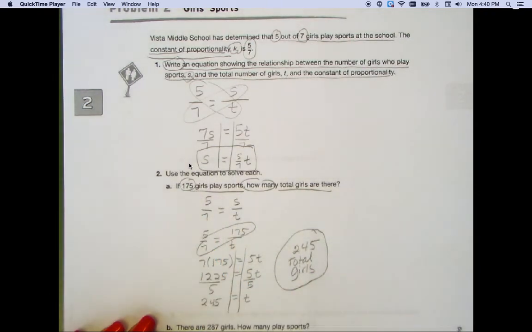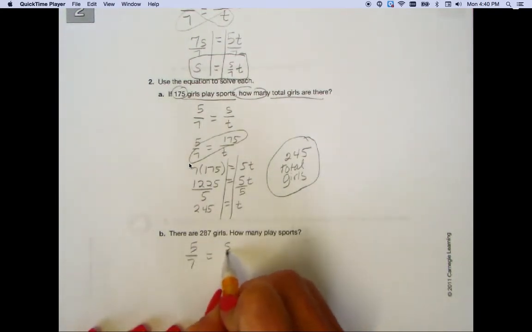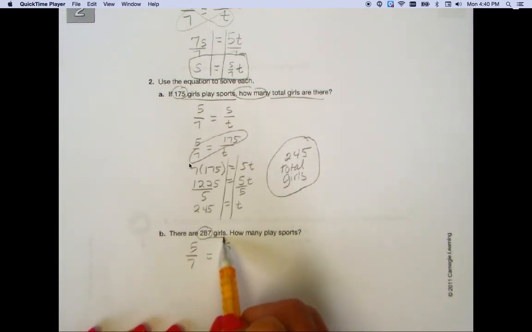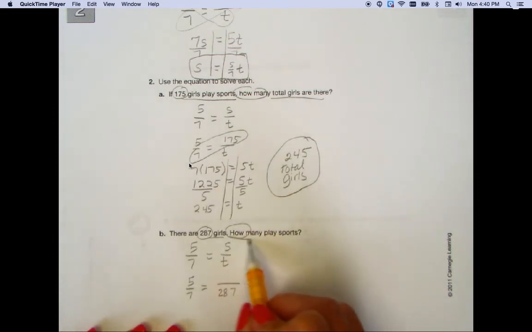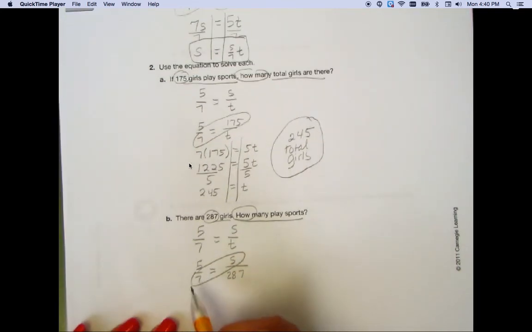if 175 play sports. Now I'm going to do it again. So I'm using what we set up in problem 1, 5/7 equals S over T. Now they tell me there are 287 girls. So that's going right here. How many play sports? That's what I'm going to find out. Means and extremes. 7S equals 5 times 287.